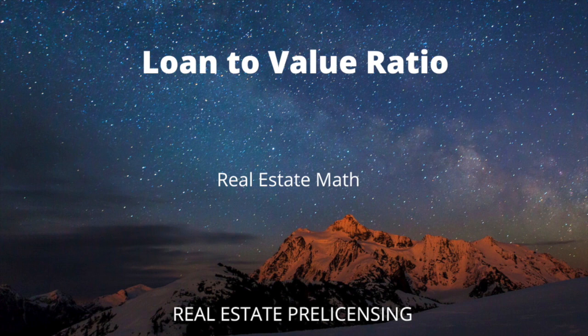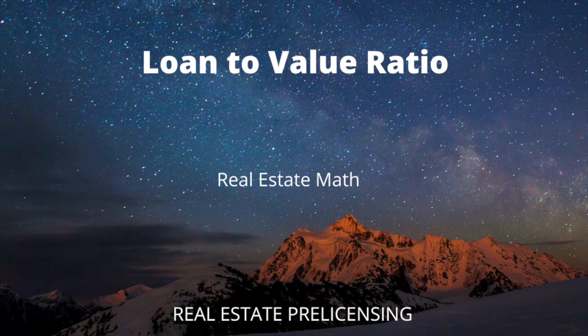Since the appraisal came in lower than the contract price, we must apply the LTV to $490,000. To find the answer, we simply multiply 70%, which is the LTV, by $490,000. $490,000 times 0.70 equals $343,000.